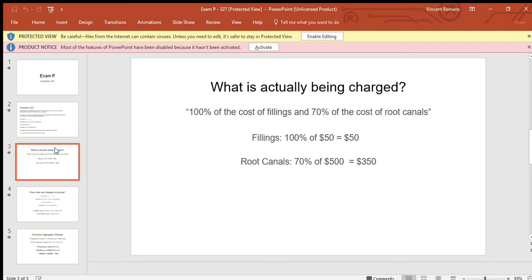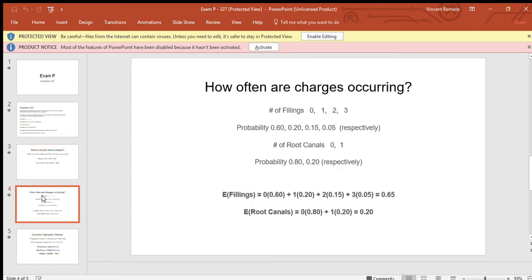But now we want to also think, well, how often is this actually occurring? In the problem itself, it's given us a table. You can see the number of fillings from 0 to 3 with the respective probabilities, and same thing for root canals. Remember that for a discrete table of values, the expectation is to take the values and multiply by the respective probability.